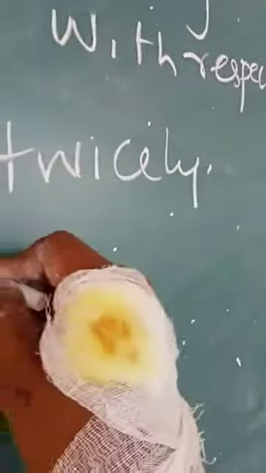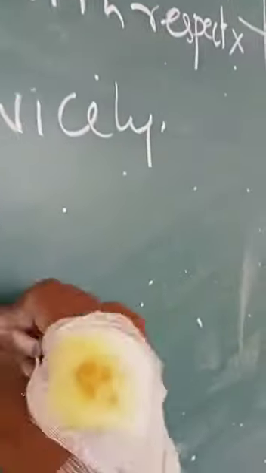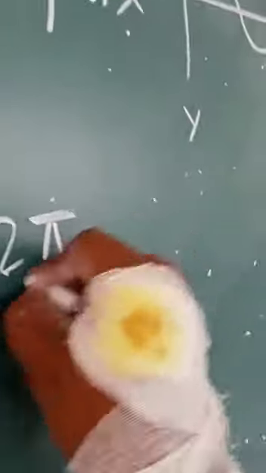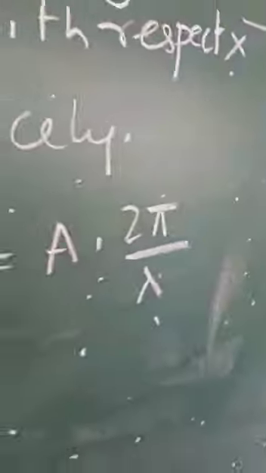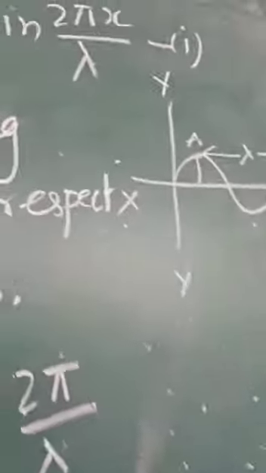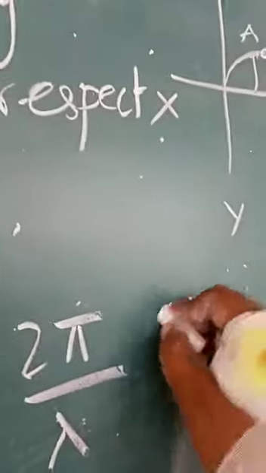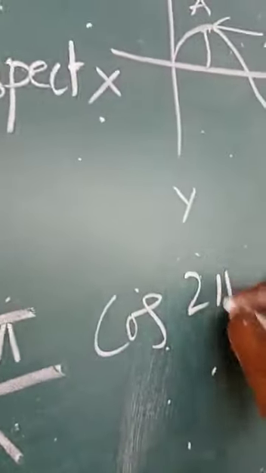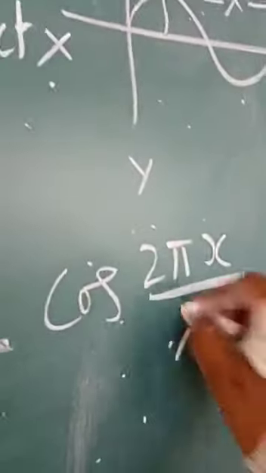Okay, what happened? d psi upon dx is equal to A, here 2 pi by lambda is the constant, so it comes out. Differentiation of sine becomes cos, so cos 2 pi x by lambda.